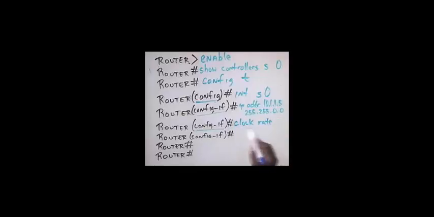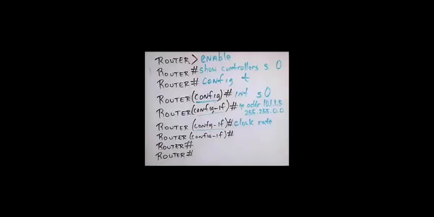A lot of times what I like to do is do a clock rate and a question mark here. Keep in mind the question mark key is a self-executable command that will indicate the different ways that you could complete the syntax. This will provide you with all of the different valid clock rates on the router that you're configuring.